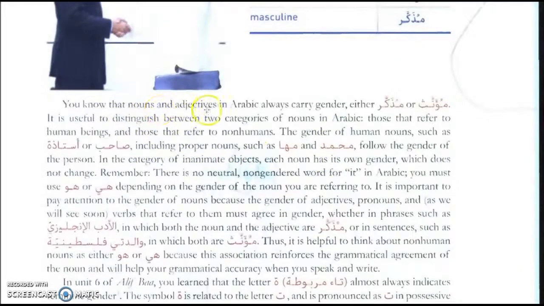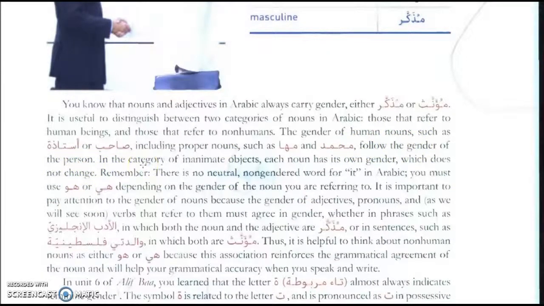You know that nouns and adjectives in Arabic always carry gender, either mudhakkar or mu'annath. It's useful to distinguish between two categories of nouns in Arabic, those that refer to human beings and those that refer to non-humans. The gender of human nouns, such as ustad and sahab, including proper nouns such as Maha and Muhammad, follow the gender of the person.